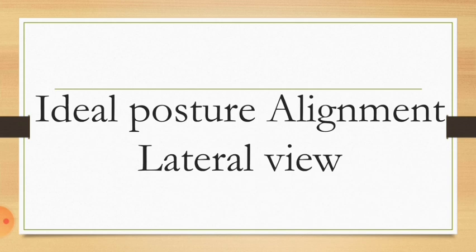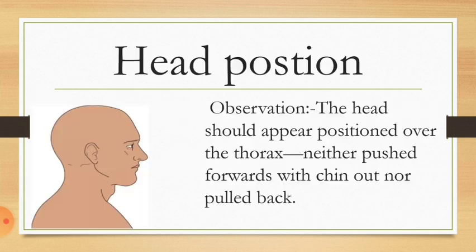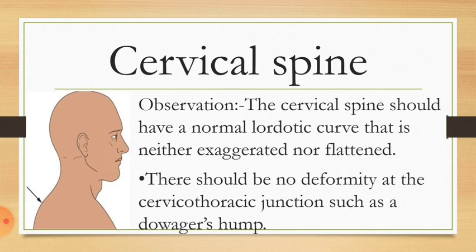Now, ideal posture alignment in lateral view. Head position. Observation: the head should appear positioned over the thorax, neither pushed forwards with chin out nor pulled back. Observe: cervical spine should have a normal lordotic curve that is neither exaggerated nor flattened.